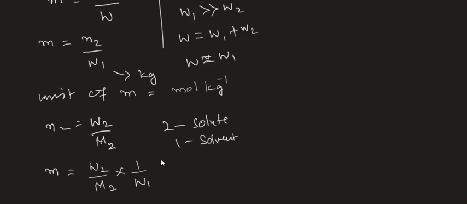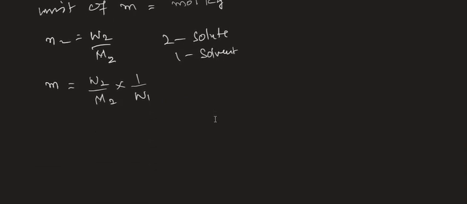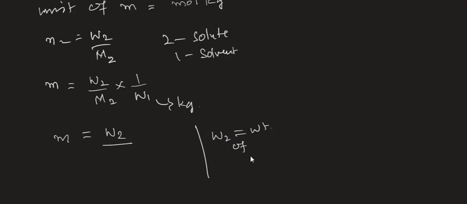This can be further converted. Suppose W1 is given in gram, it has to be converted into kg. Remember this is kg. W2 is the weight of the solute, in gram, and M2 is the molar mass of the solute, given in gram per mole.